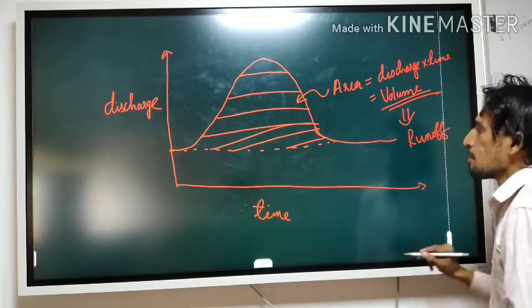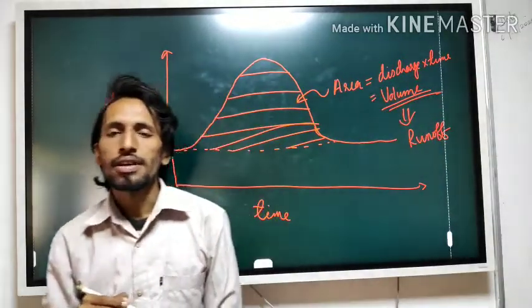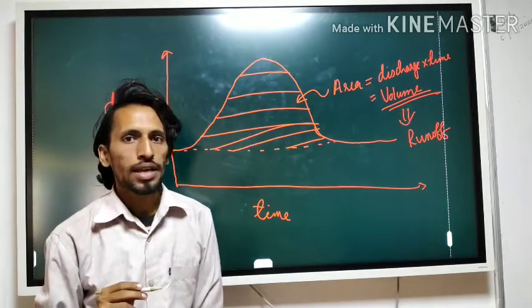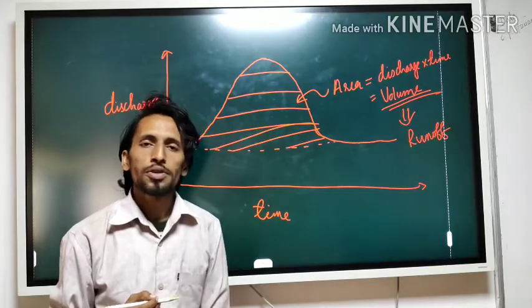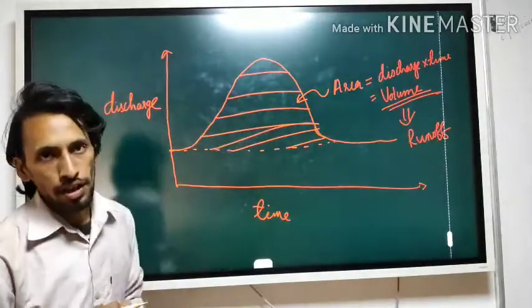Why runoff? Because this extra water that is coming inside a river is because of your rainfall, that part of rainfall which is contributing to the runoff. So this is your runoff.